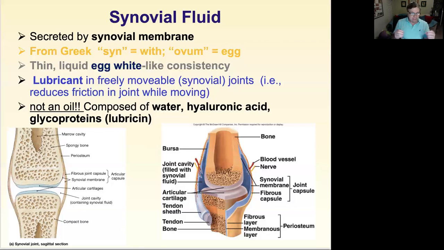So the thing about lubrication and reducing friction, it's dependent on basically the fluid and the surface over which it is gliding or sliding. So synovial fluid with healthy articular cartilage provides a very smooth movement as our joints are moving.